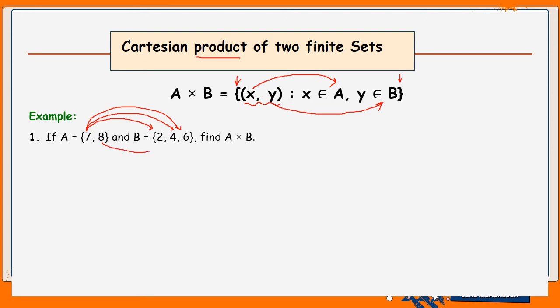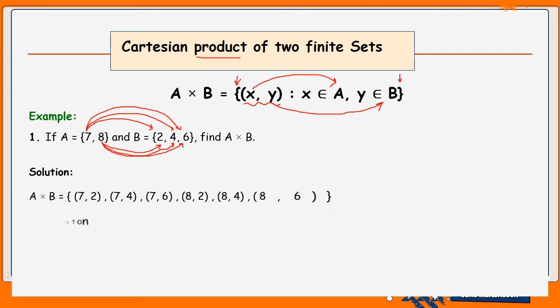And with 8: (8, 2), (8, 4), (8, 6). We have 6 ordered pairs in this solution. A cross B equals {(7, 2), (7, 4), (7, 6), (8, 2), (8, 4), (8, 6)}.